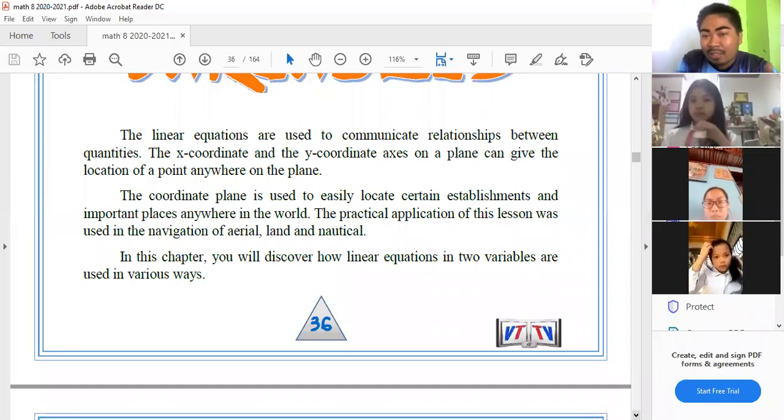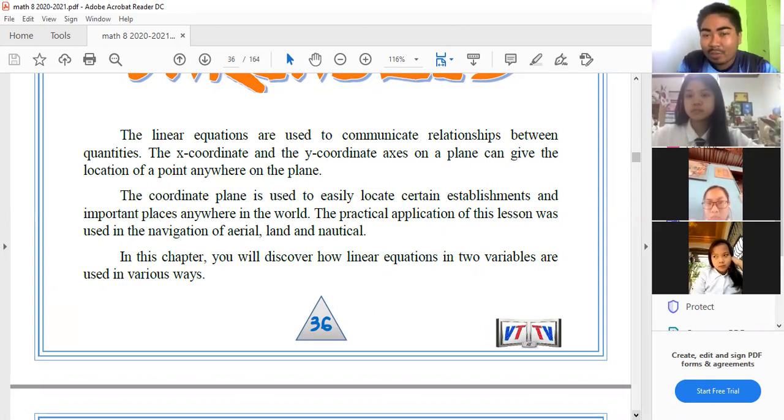So, it is used in navigation of aerial, land, and nautical. So, ibig sabihin, sky, mapalupa, or mapadagat. So, in this chapter, you will discover how linear equations in two variables are used in various ways.